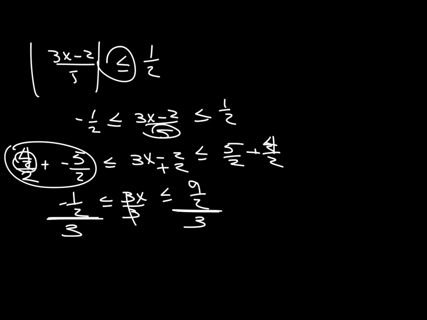Notice I made kind of a thicker line there. Invert and multiply. So this is 3 over 1, so we're going to multiply by 1 over 3. That's going to be 9/2 times 1/3.